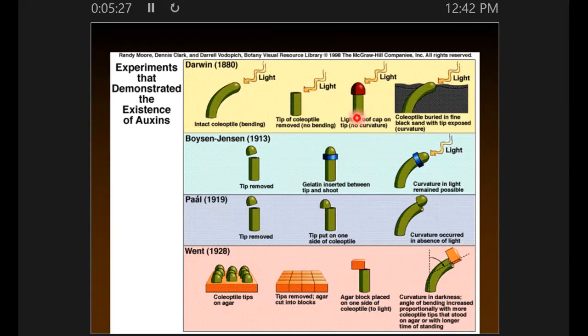So they said, okay, let's not amputate. Let's just cover the tip so no light can hit it. And when they did that, still no bending. So it seems like light is necessary to hit the tip, and then you get something going on that causes the bending.